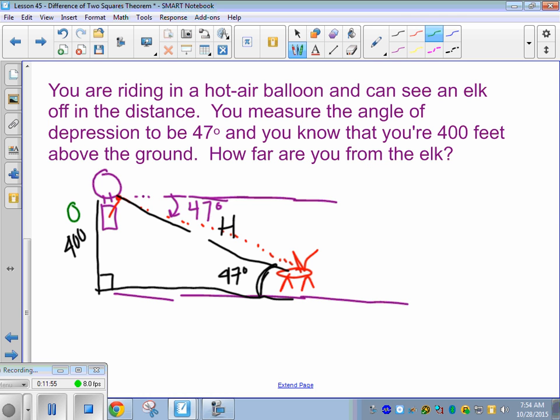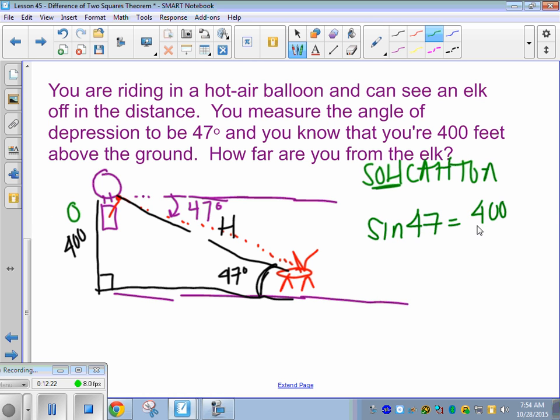Opposite. Great. So now I can come up with another equation. Again, I'm going to use opposite and hypotenuse. So if I were to write out my SOHCAHTOA, we get to use sine again because I'm using my opposite and hypotenuse side. So I'm going to have sine 47 equals opposite, which was my 400, over my hypotenuse, which is what I'm looking for.